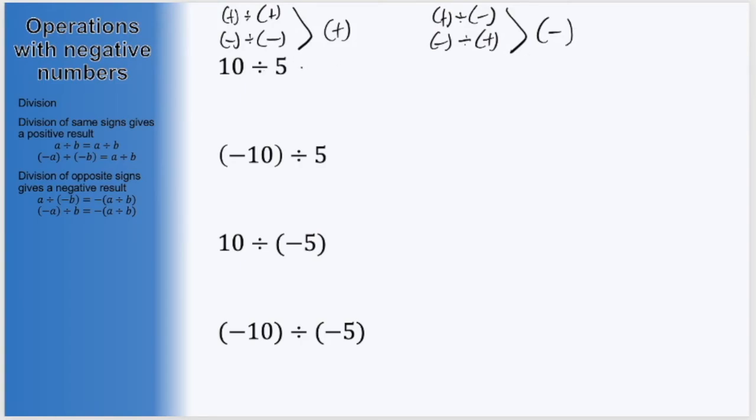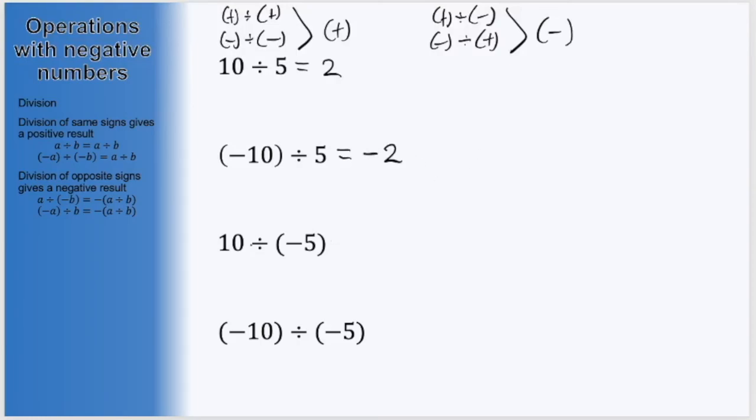10 divided by 5, we should know is simply 2. But then, once we start getting some negatives involved, let's take a look at negative 10 divided by positive 5. Doing the division of the numbers like normal, 10 over 5 still gives us 2. But paying attention to our signs, we have a negative divided by a positive, so opposite signs, leaving us with an overall negative sign in our answer.